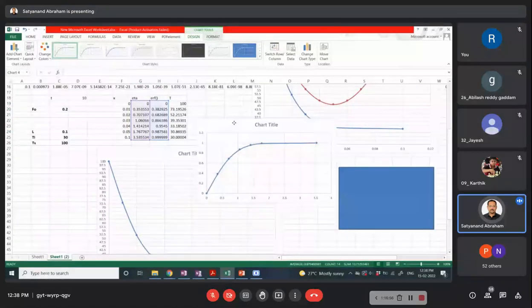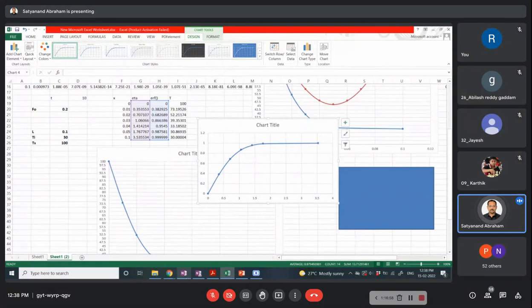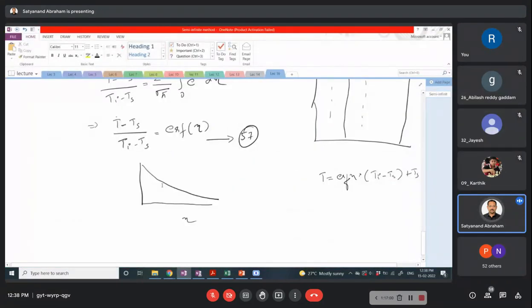So this is the only curve. For the curve for this one, it is not like this. It is actually the other way around.